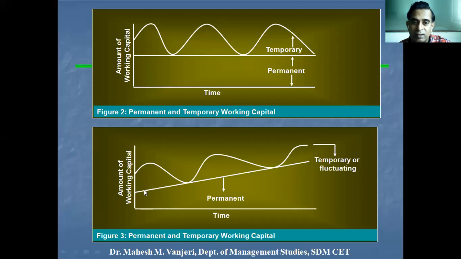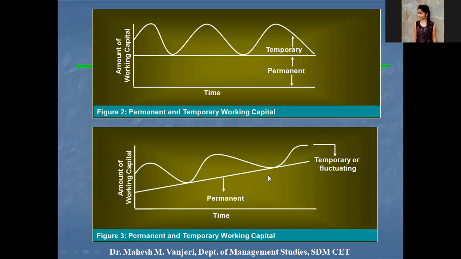So the minimum or permanent working capital required would also go on increasing. Most companies increase their production capacity in a phased manner, like after 5 years, 10 years, and so on. So the minimum working capital required would be more.